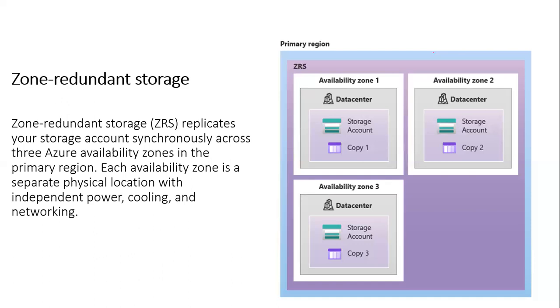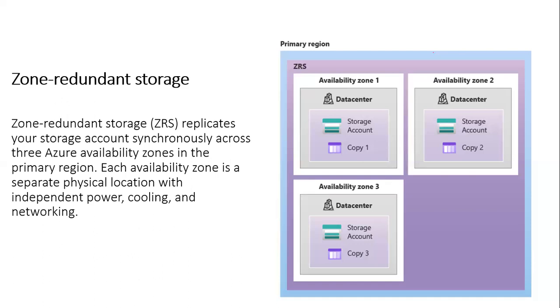Let's imagine there is a tsunami or something in Chennai, everything went down. My primary region was Chennai, my data was there, but because of some disaster happening there, the data center has gone down.